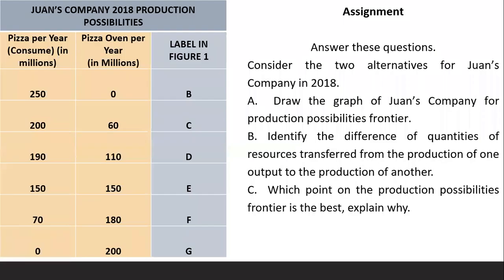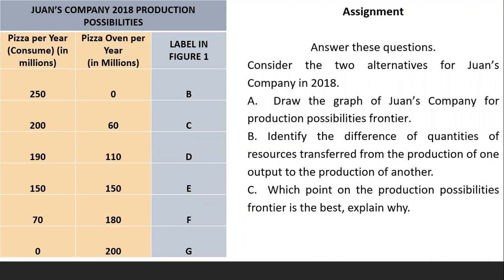Thank you. And for the last one, I want you to have this assignment. Answer this question, refer to the figure on your left side. Consider the two alternatives for a company in 2018. First, you have to draw the graph of the company's production possibility frontier.